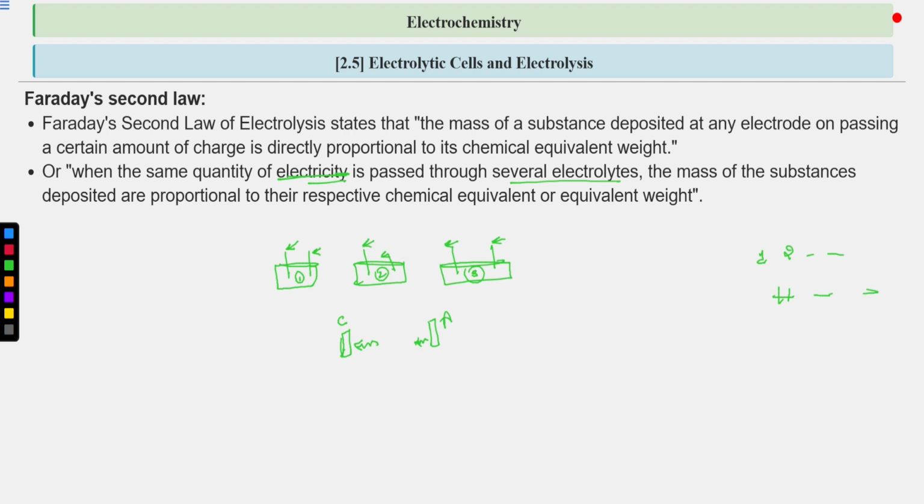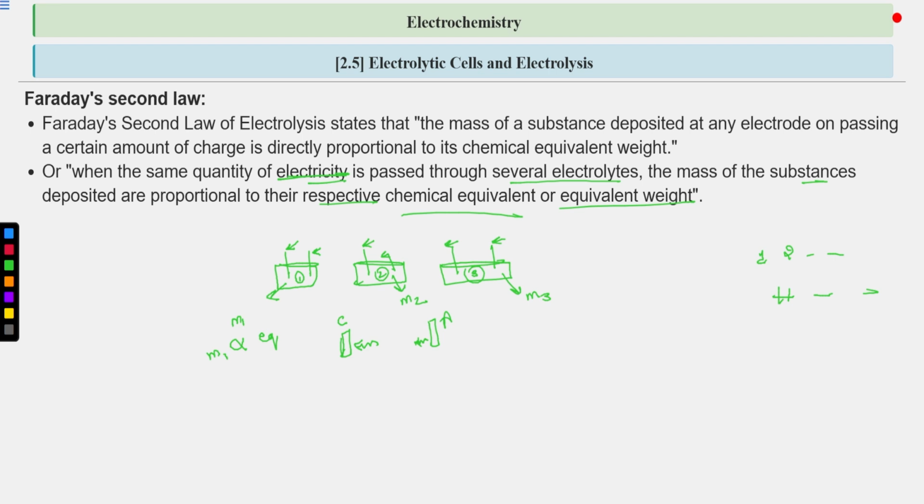Then what are we saying? That the mass of substances deposited over the cathode, let's suppose here the mass deposited is m1 for the first cell, here it is m2, and here it is m3. So the masses of the substances deposited are proportional to their respective chemical equivalent weights. That means in the first cell, m1 will be proportional to its respective equivalent weight.